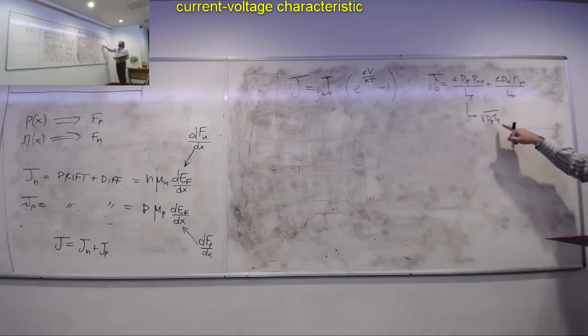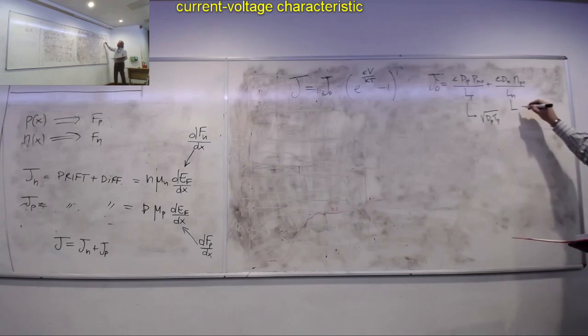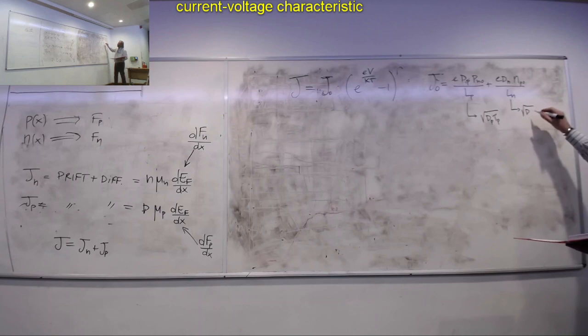So tau p is the lifetime of the minority carriers, and similarly the square root of Dn tau n.